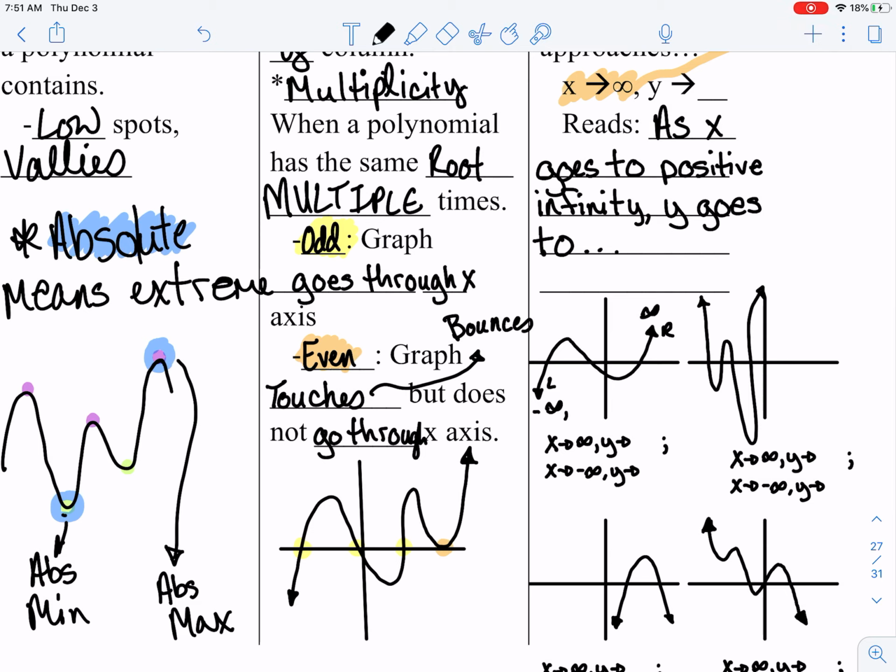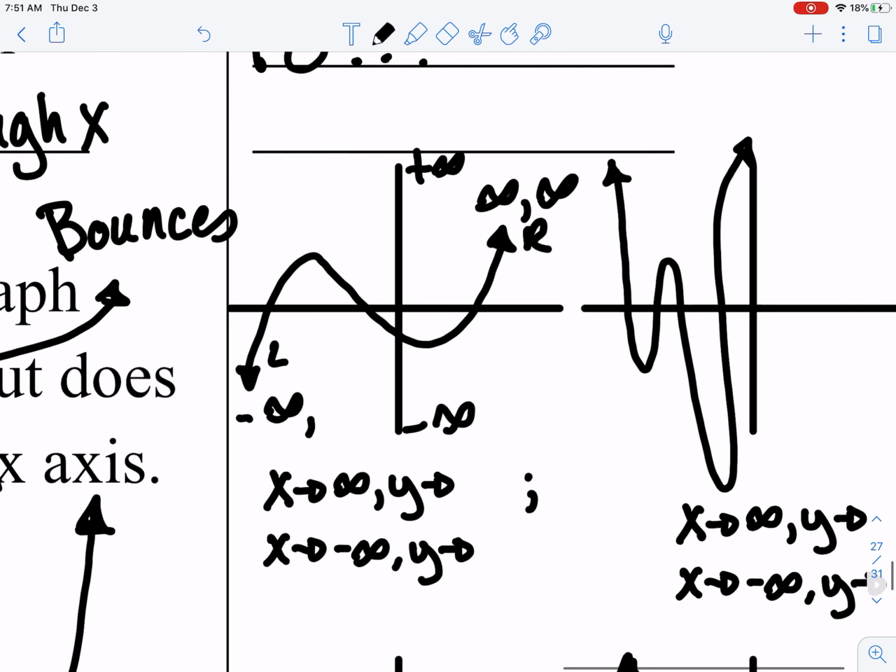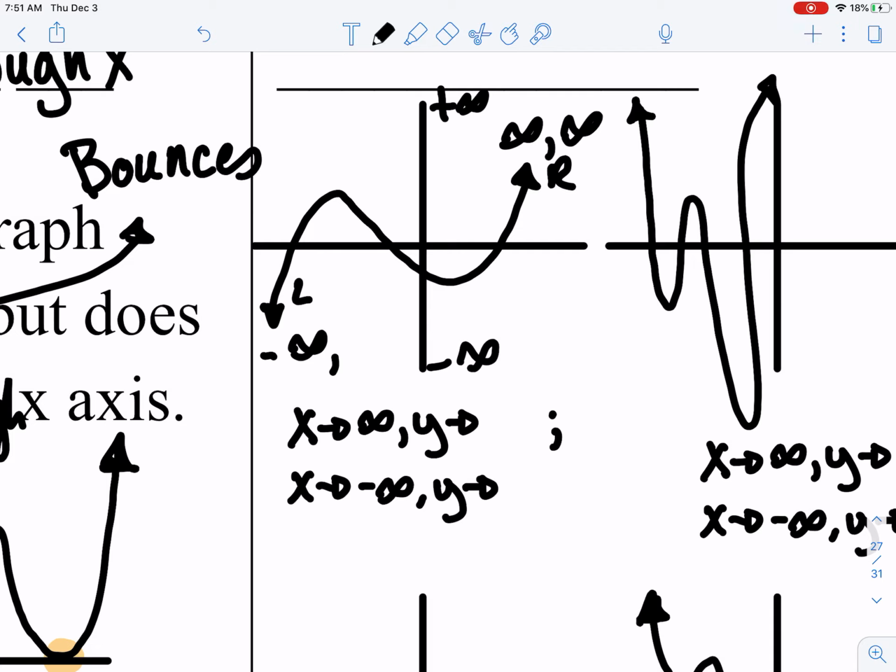All right. And once you do this, like what y value is it going to, positive infinity or negative infinity? If it's pointing up, it's positive infinity. So for this graph on the left, as x goes to positive infinity, y also goes to positive infinity.